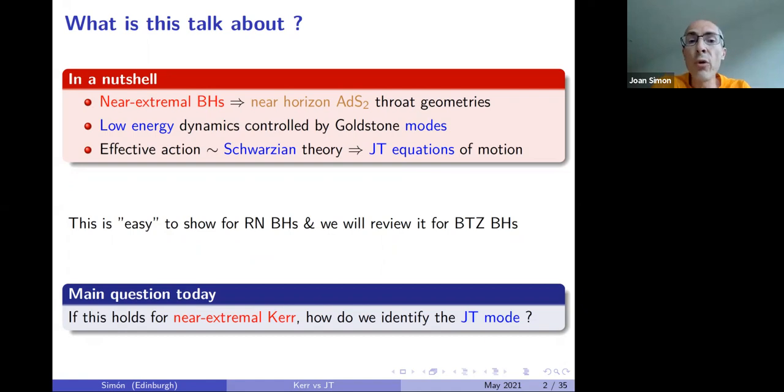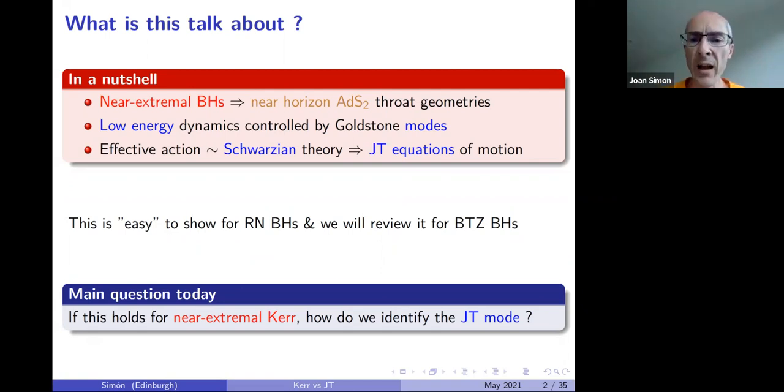But the main question today, that's why I want to say this very early on, and as the title may have suggested, is that I do believe that this Schwarzian theory should control the very low energy dynamics in the four-dimensional extremal Kerr, no string theory, no nothing. But the problem in near-extremal Kerr is that the spherical symmetry is broken.